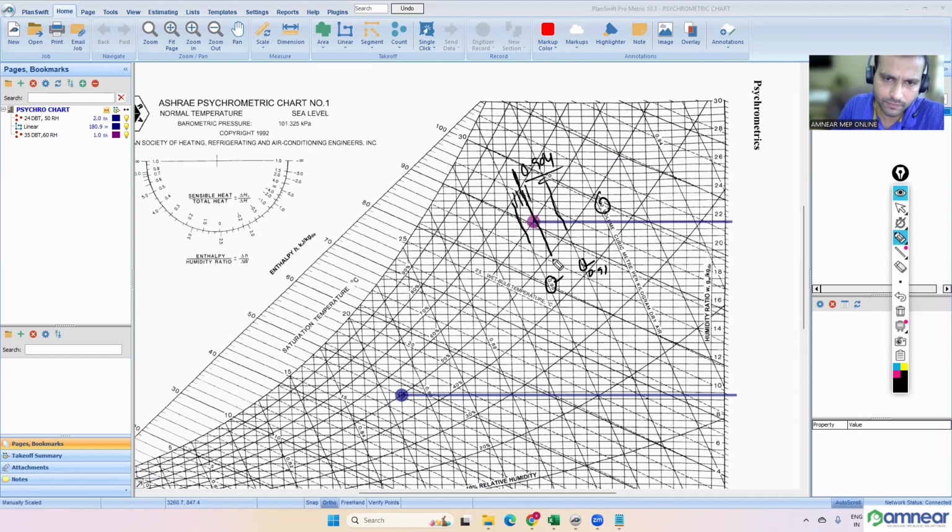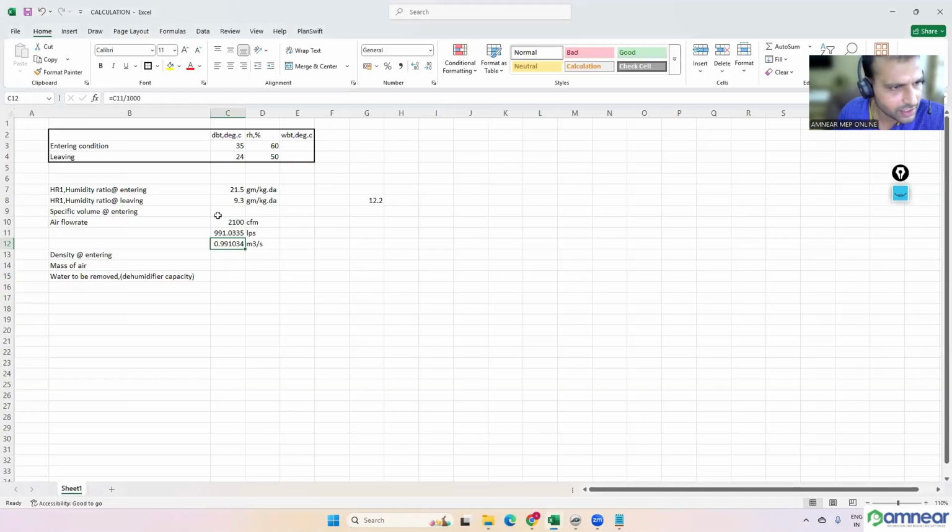It's not exactly in the middle. If it was in the middle, then we could consider 0.905. The specific volume we are getting is 0.904 only. Consider that one: specific volume at entering condition is 0.904 meter cube per kilogram.